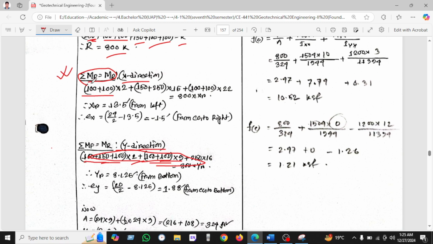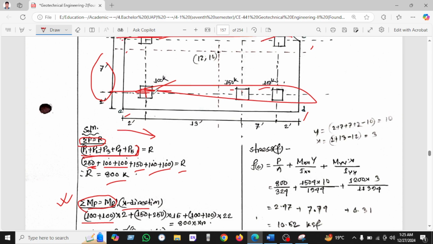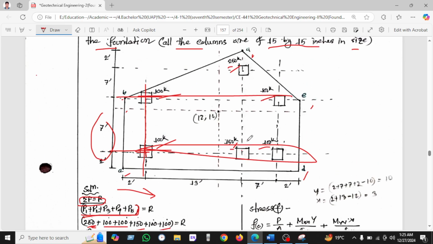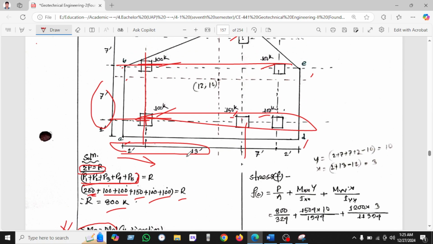So for the x-axis, at first I am taking 100, 100 into 100 into distance x, and 150 into 250 into distance x. So 150 into 250, the distance x equal to 13 plus 2, which is 15, and 100 into 100 taken at 22. How do we get that? 13 plus 7 which is 20, plus 2, so it is 22.